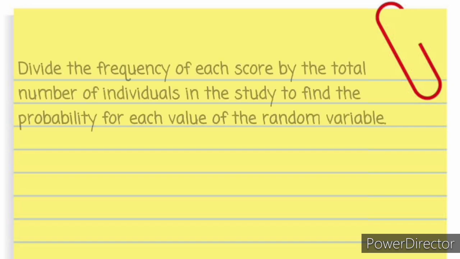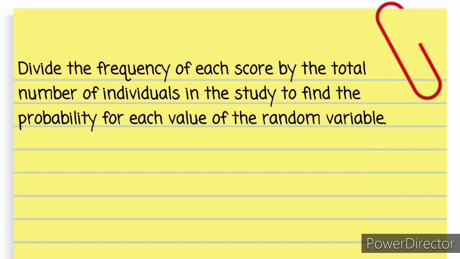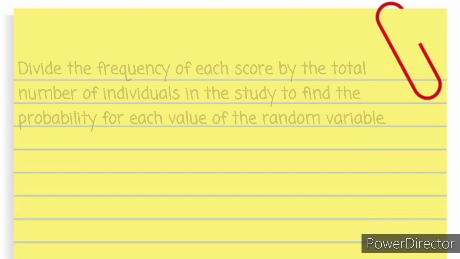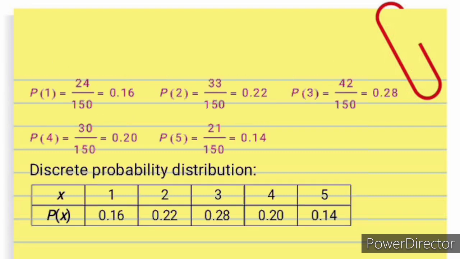First thing we need to do is to divide the frequency of each score by the total number of individuals in the study to find the probability for each value of the random variable, such that P of score 1 is equals to 24 over 150, which is equals to 0.16. Probability of score 2 is equals to 33 over 150, equals to 0.22.